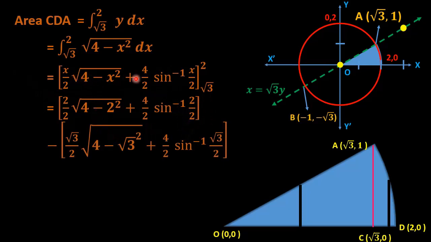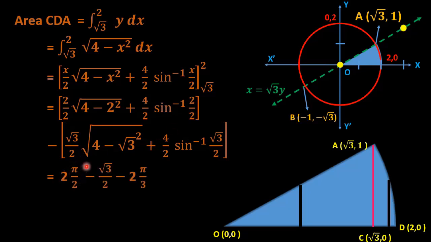Here 2 square is 4, 4 minus 4 is 0, so the first term will be 0. 4 by 2 is 2, so 2 sine inverse of 2 by 2, which is 1. Sine inverse 1 is 90 degrees, since sine 90 degrees is 1. So here it will be 2 pi by 2.